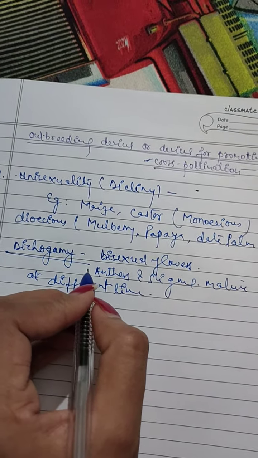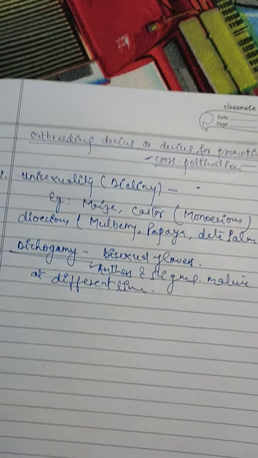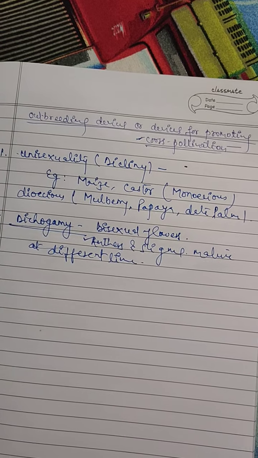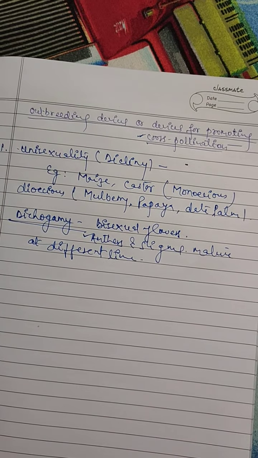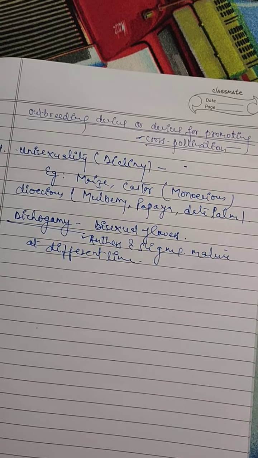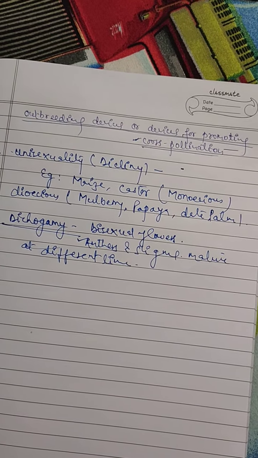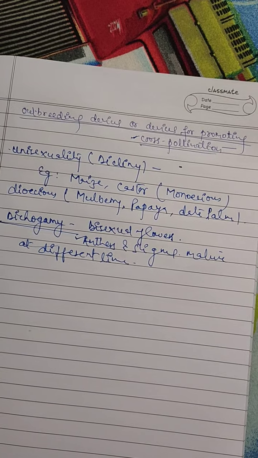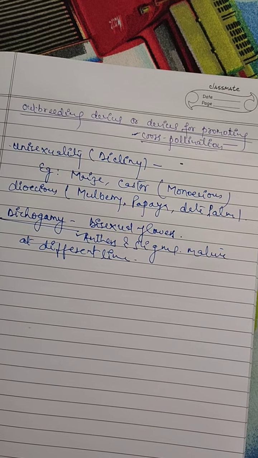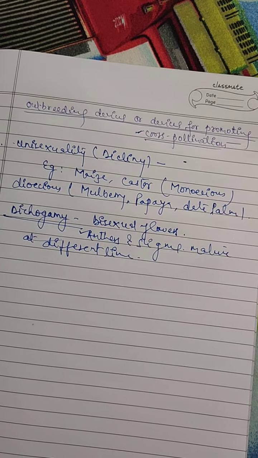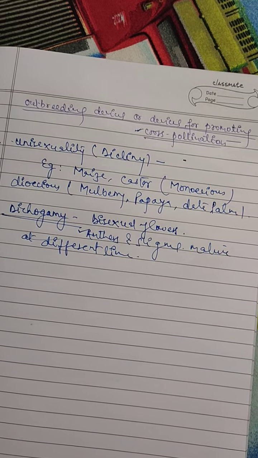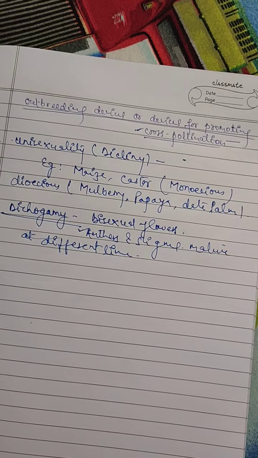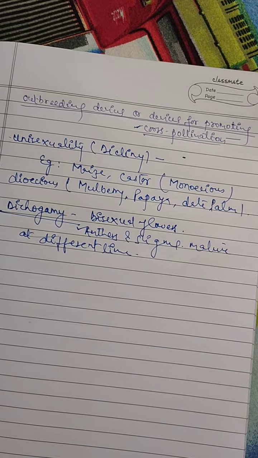So you understand this point. Anthers and stigma, as we know that in self pollination or autogamy, when transfer of pollen from anther to the stigma occurs, it should be synchronized, that is anthers and stigma should be in synchronization, means it should mature at the same time.